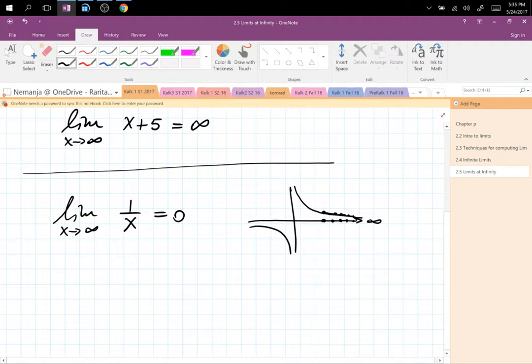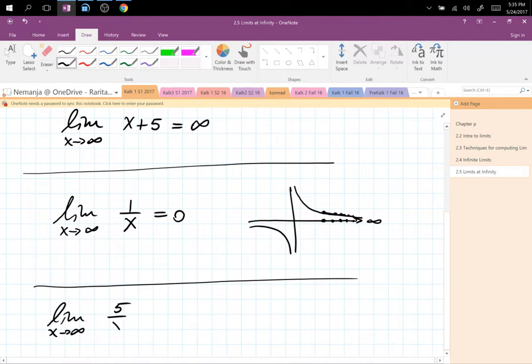So now you say, all right, so what if I have the limit as x goes to infinity for 5 over x? And the answer is still 0.